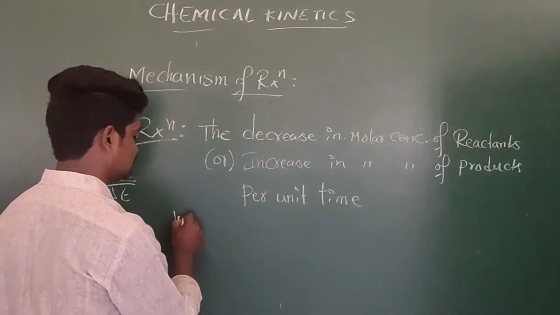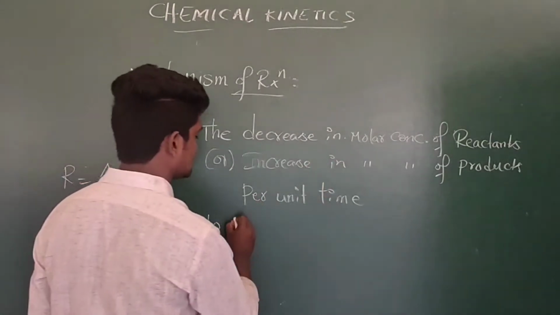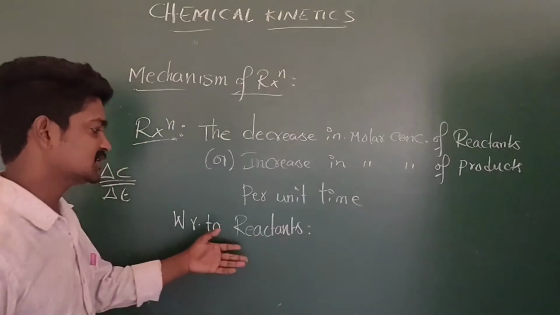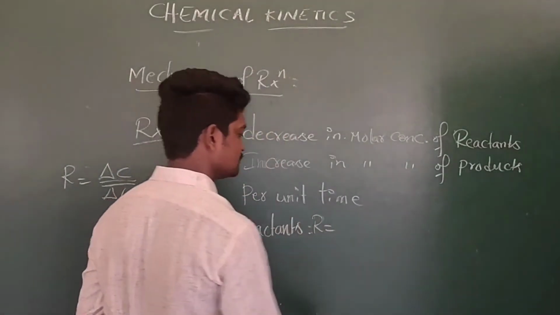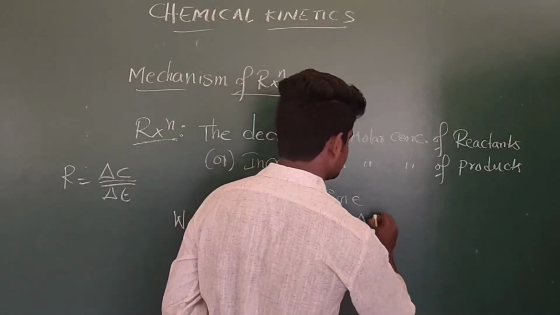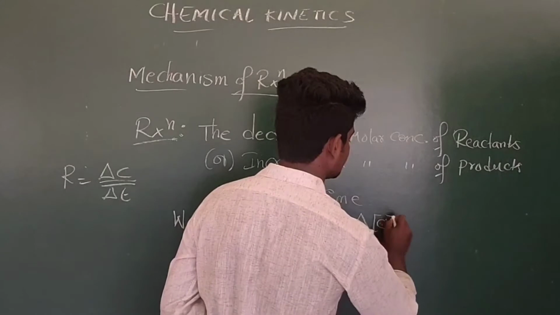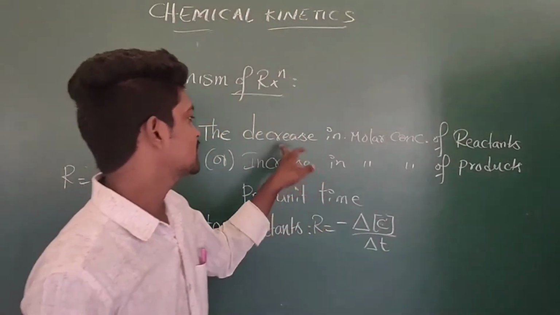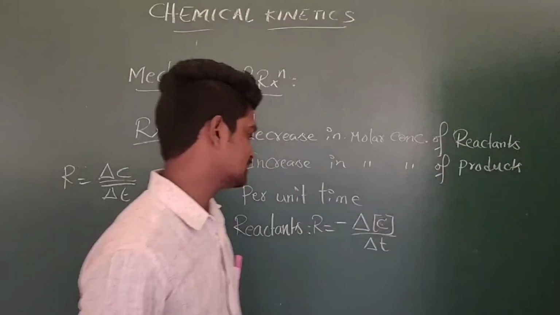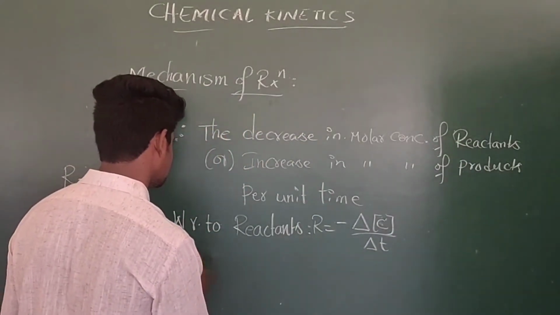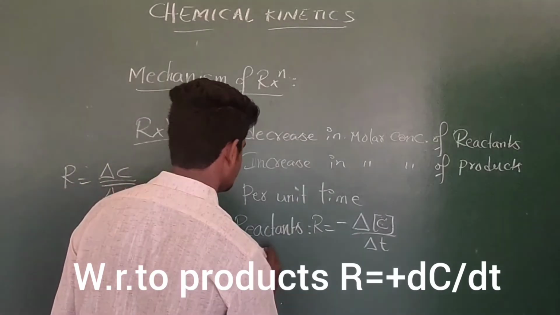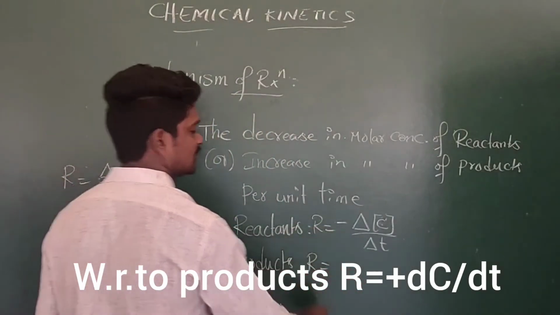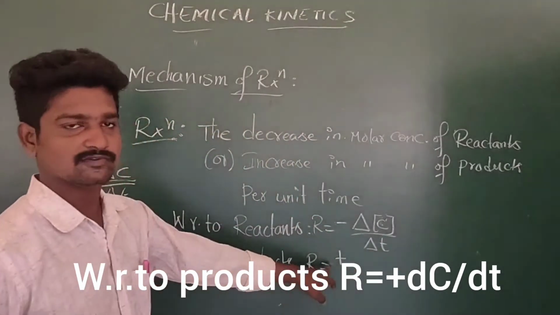With respect to reactants, we can write the mathematical expression where R is equal to minus delta C by delta T. Here we have to put a negative sign because of the decrease in molar concentration of reactants. With respect to the product side, R is equal to delta C by delta T, and since it is an increase, we put a positive value.